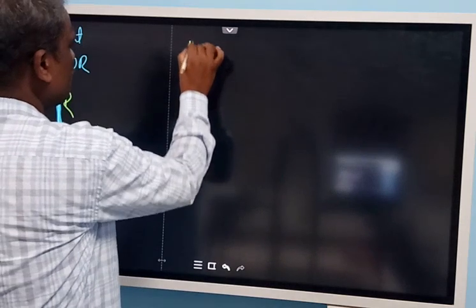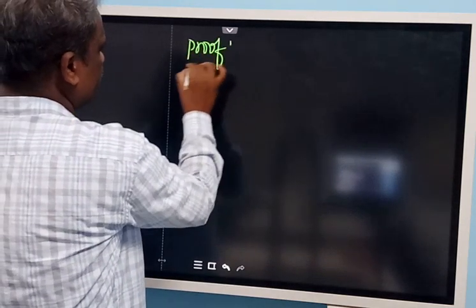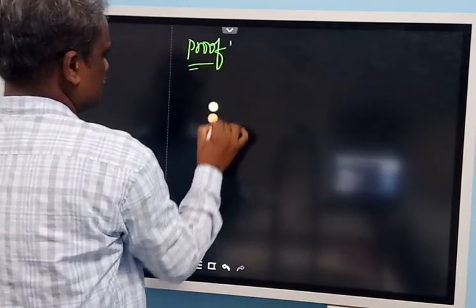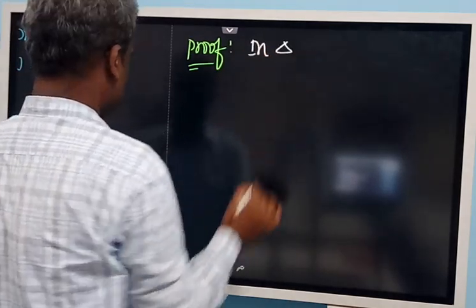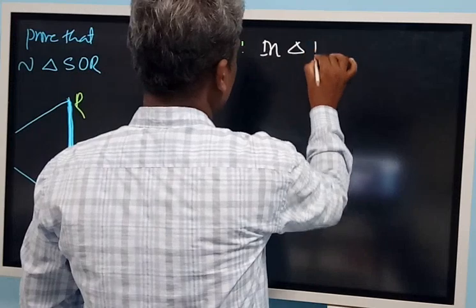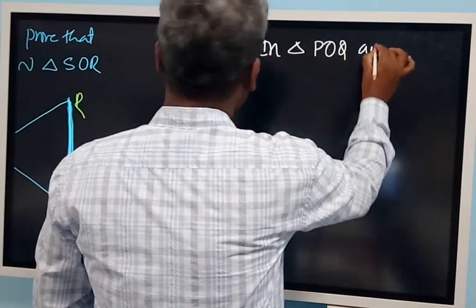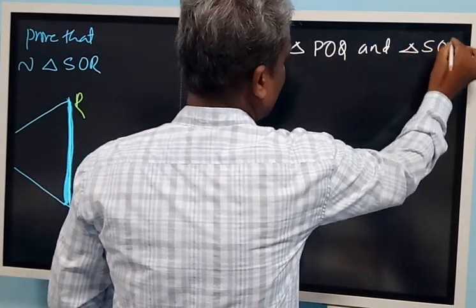So let us go to the proof. Proof: in triangle POQ and in triangle SOR.